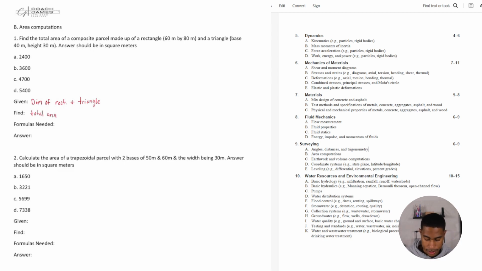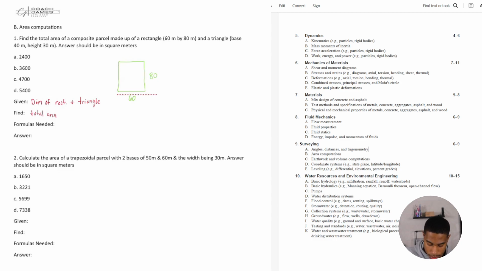Okay, so this is a composite shape. So let's just draw this out. We've got a rectangle, and that piece of it is 60 by 80. All right, so this is my 60 by 80.